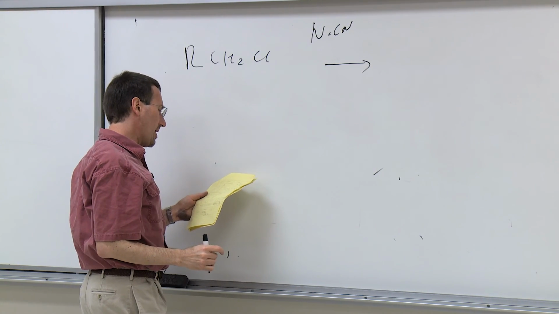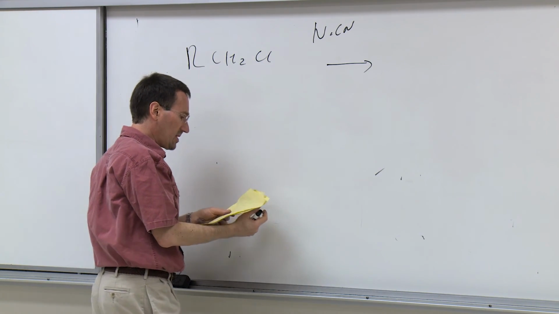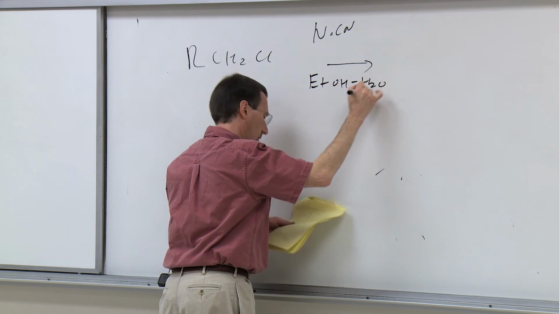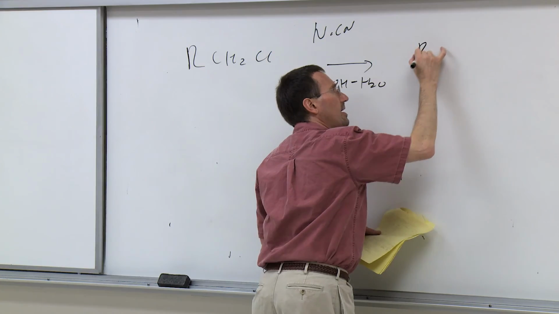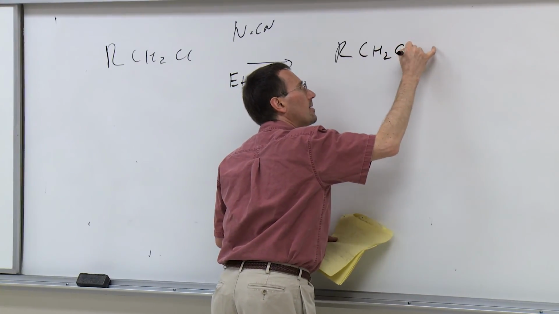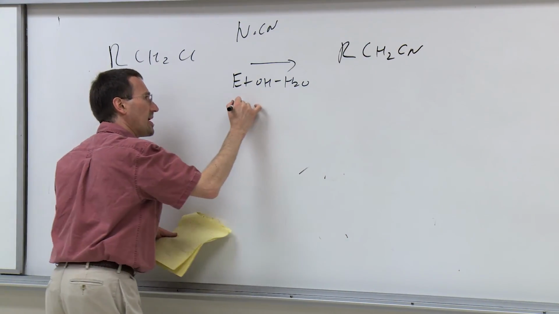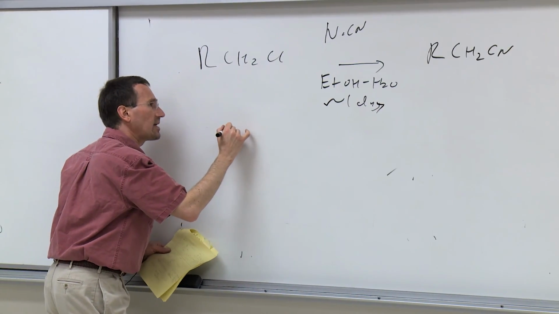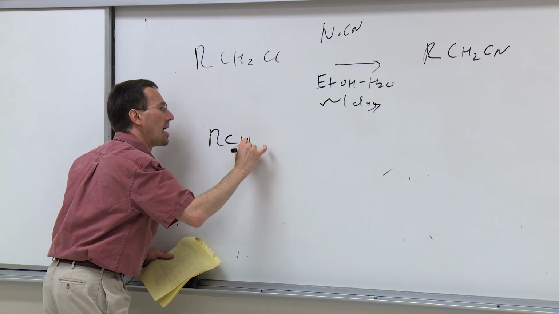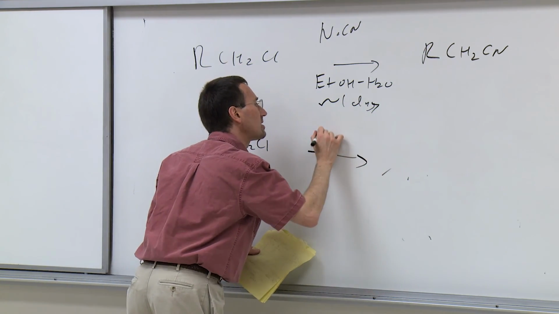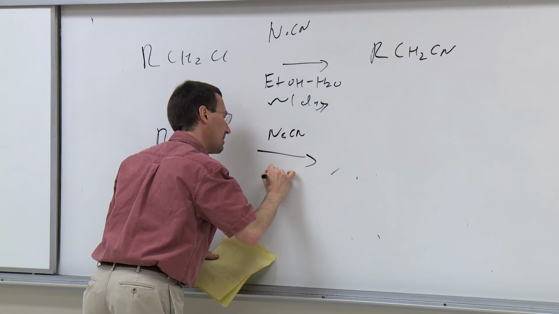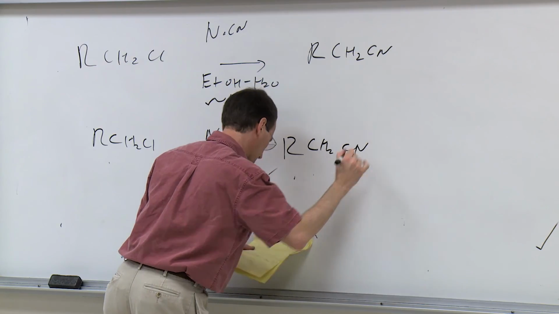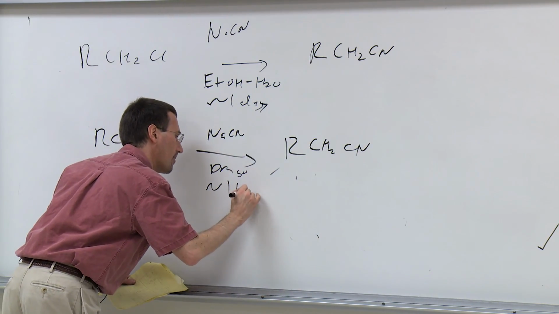If we take sodium cyanide and an alkyl chloride, I don't remember which chloride it was, in ethanol-water as a solvent and do an SN2 displacement, this particular example takes about a day to go to completion. If we take the same alkyl chloride and sodium cyanide in DMSO, this reaction takes about an hour.